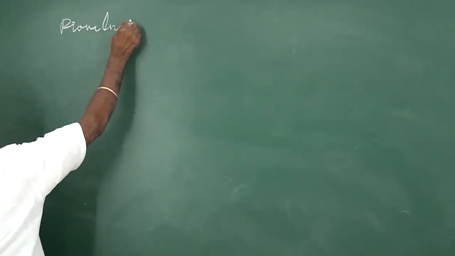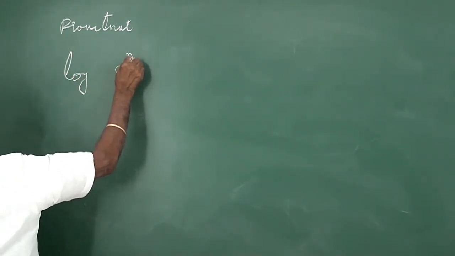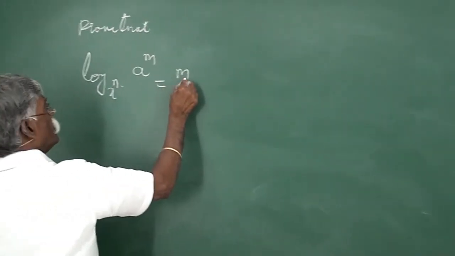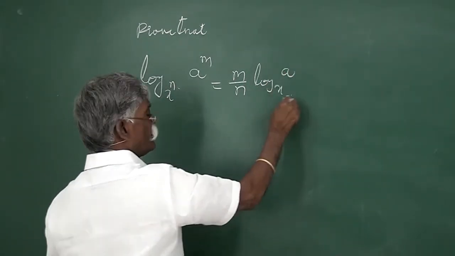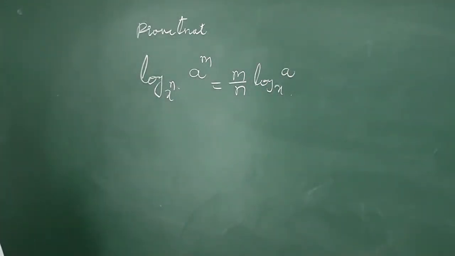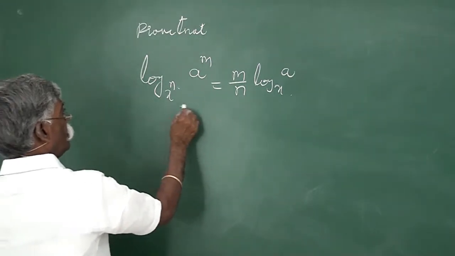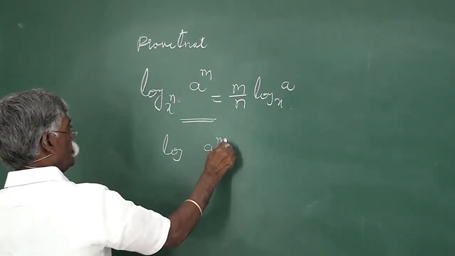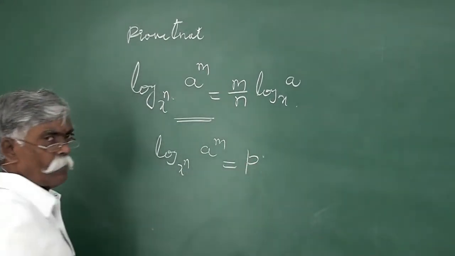Prove that logarithm of a power m to the base x power n is equal to m by n into log a base x. Logarithm of a power m to the base x power n, let us take it as p.